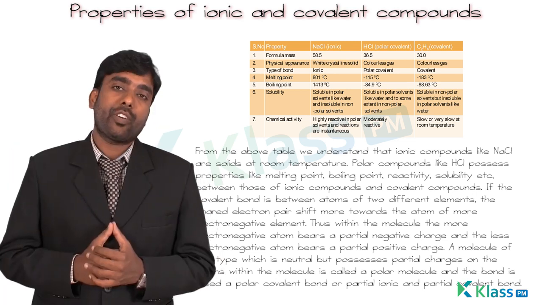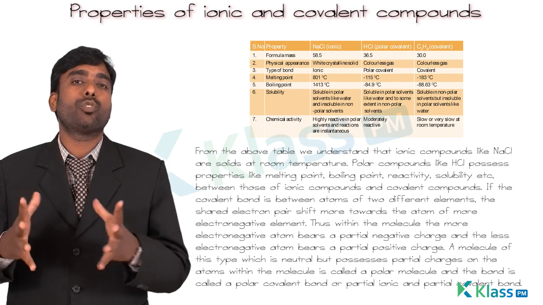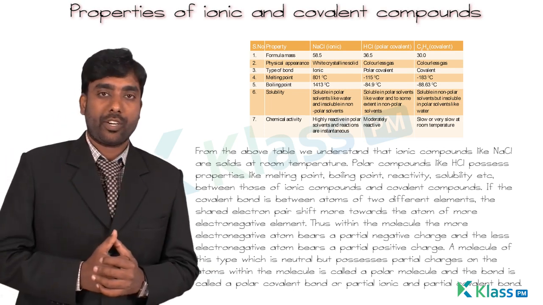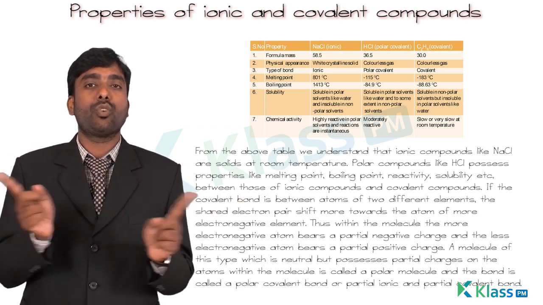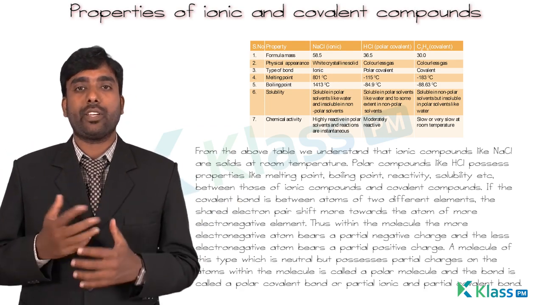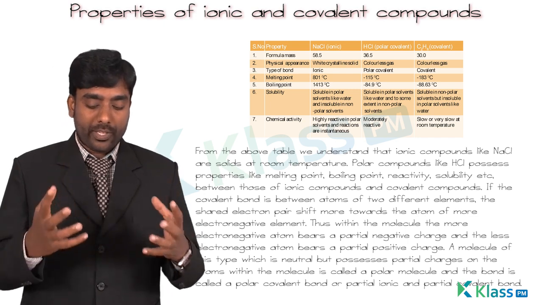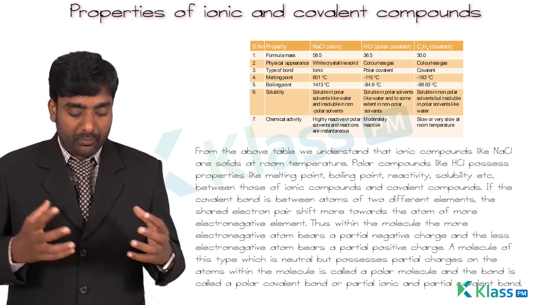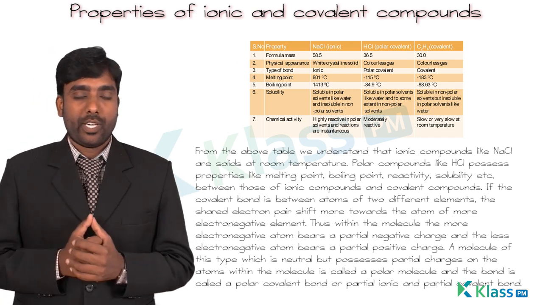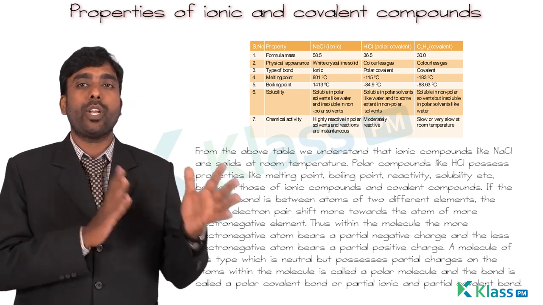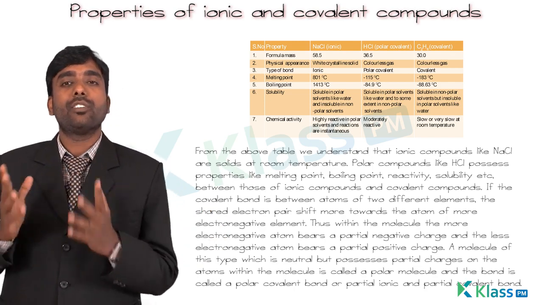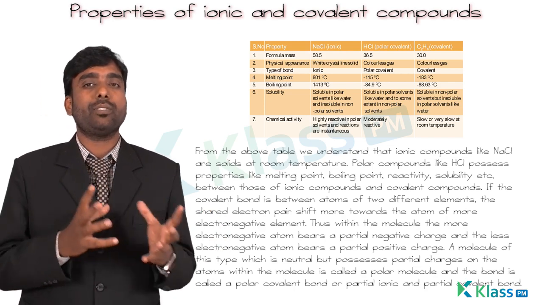Next point, ionic reactions. Ionic compounds participate in ionic reactions. Ionic reaction means only ions are exchanged between two different compounds. For example, take two compounds, sodium chloride and silver nitrate. When they react, sodium chloride splits into Na+ and Cl-, and silver nitrate splits into Ag+ and NO3-.